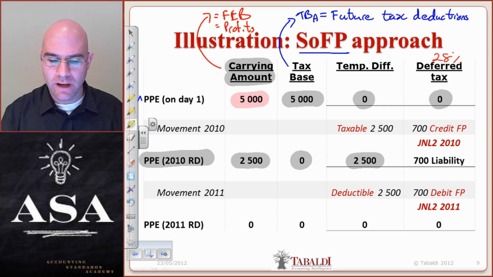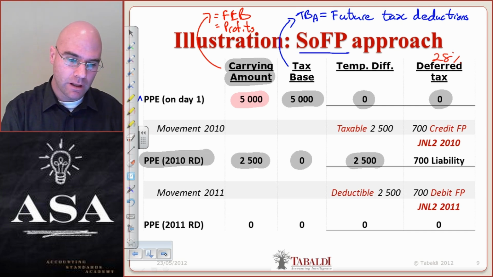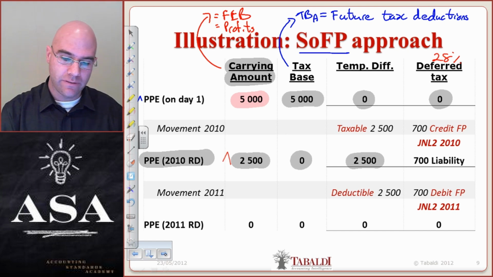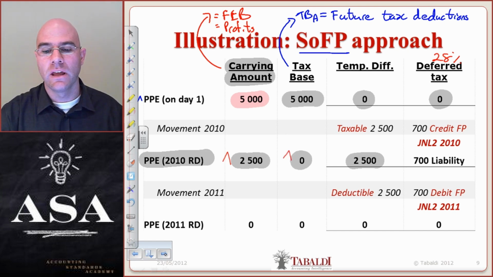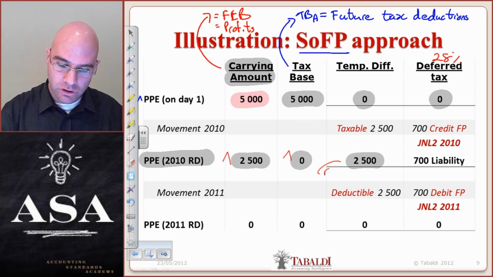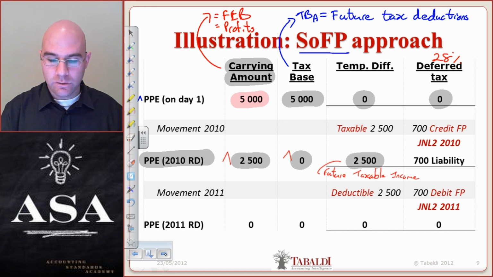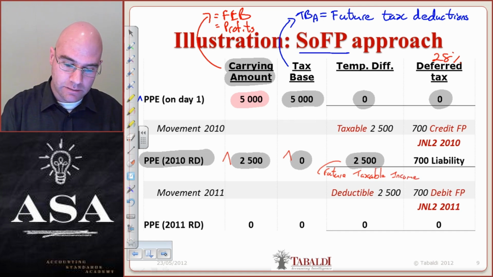That 2,500 Rand, if I want to look at this conceptually, future economic benefits, carrying amount of 2,500, is greater than 0 future tax deductions. Therefore, 2,500 Rand represents future taxable income. And that is what we call a taxable temporary difference.